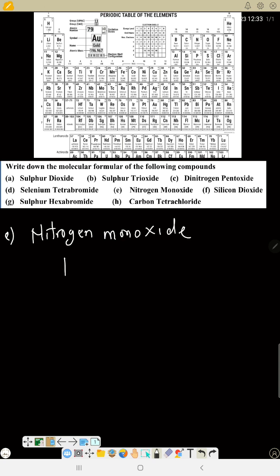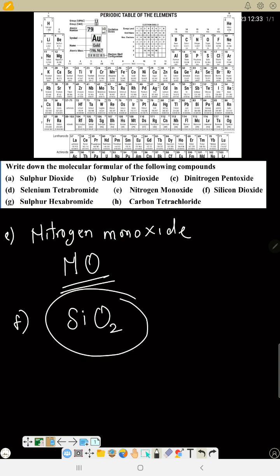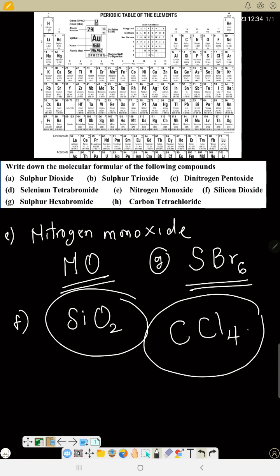So 1 nitrogen, 1 oxygen, so that is NO. Then silicon dioxide, F: silicon, Si, dioxide, that is O2, SiO2, that is 1 silicon, 2 oxygen. G, sulfur hexabromide: 1 sulfur, hexa is 6 bromine. Then carbon tetrachloride: 1 carbon, 4 chlorine.